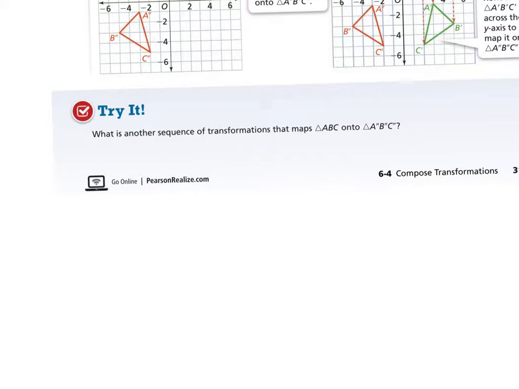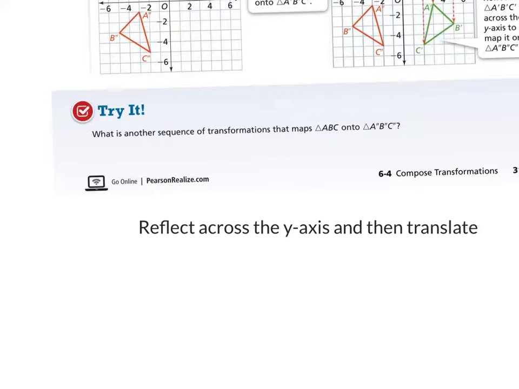So if we did reflection across the y-axis, and then translate 6 units down and 8 units left, that would actually end up working also.